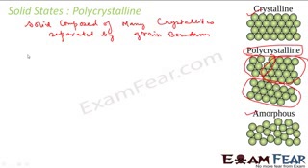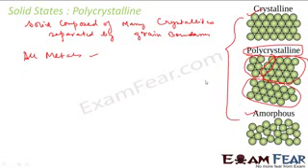Almost all common metals fall in this category, and some polymers also fall in this category. For example, sulfur occurs as polycrystals. It also occurs as single crystal. It also occurs as amorphous. So sulfur exists in all three forms.